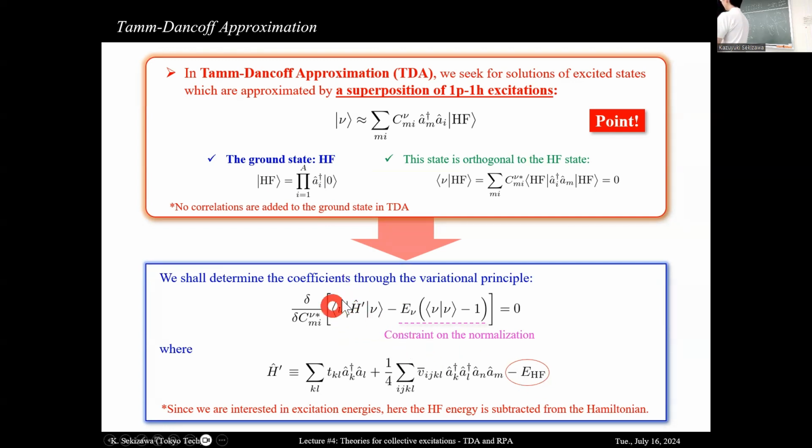This is just the energy expectation value. The second term ensures the orthonormal relation for the excited state. And we take C star, C_mi nu star, as the variation parameter and request this variation condition.